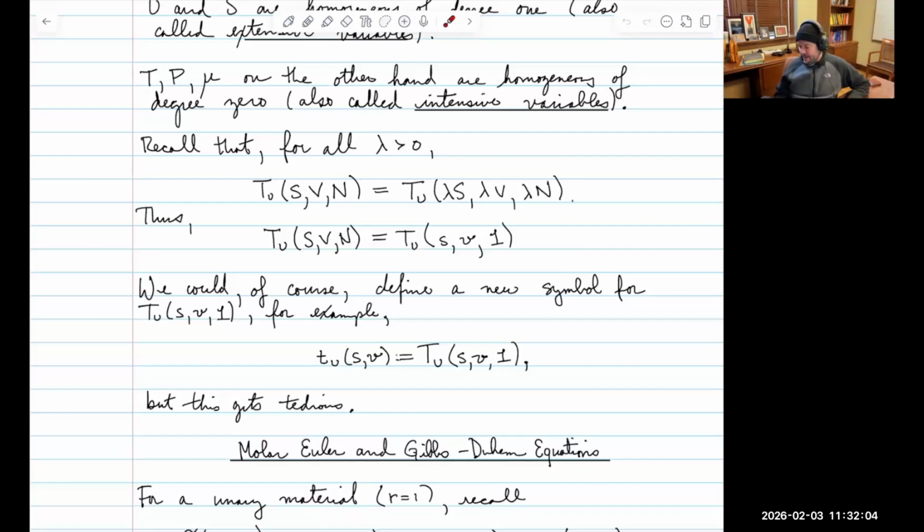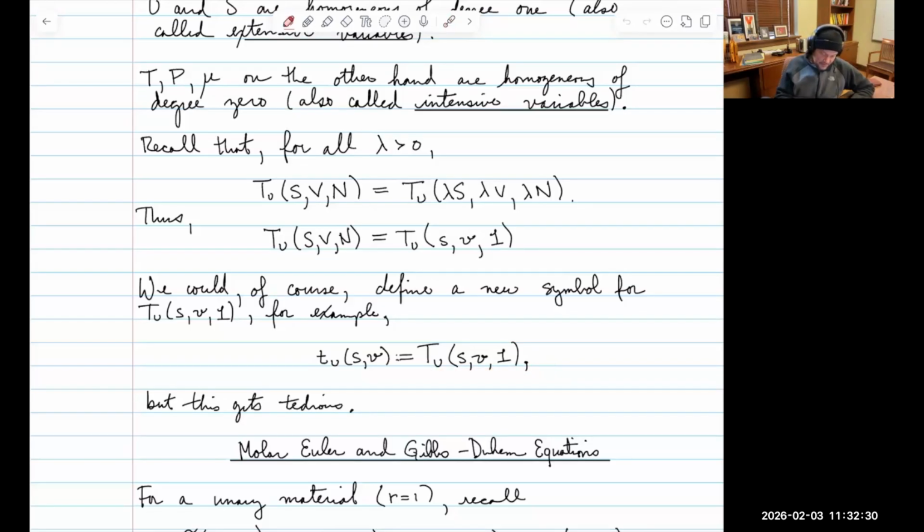That's because we would have to make a lowercase mu, for example, and mu doesn't have a very good lowercase, so we're going to avoid that. And then, of course, lowercase t looks like time, and it's just going to get too tedious and too messy. So we're just going to understand that if we're using two variables, s and v, then this just means this object here.